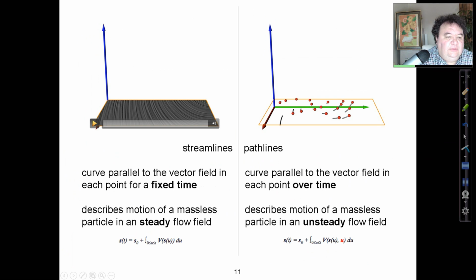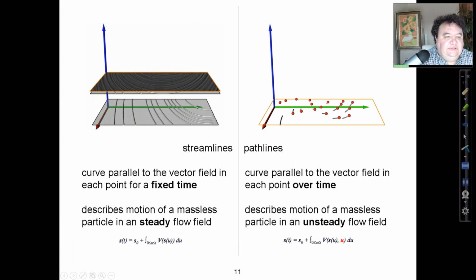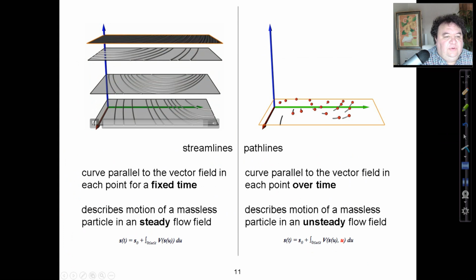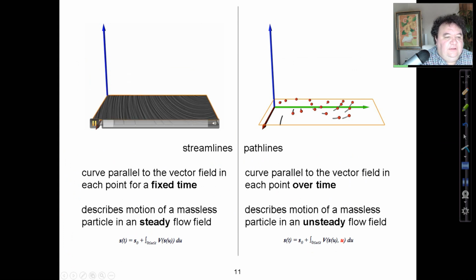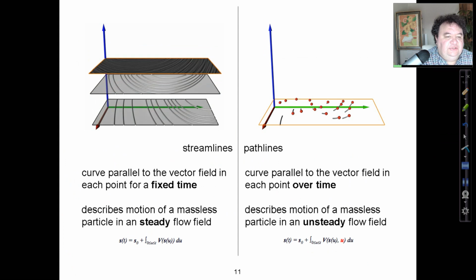For example, if we look at streamlines in a 2D vector field over time, you can see how at every instant we have, in a way, a full description of the field, and that field keeps changing over time.